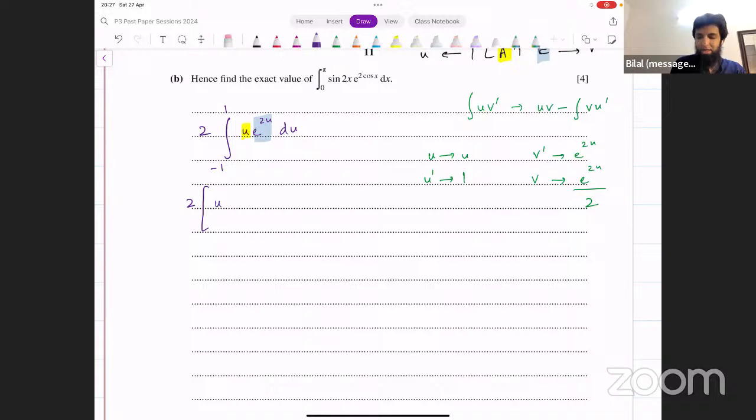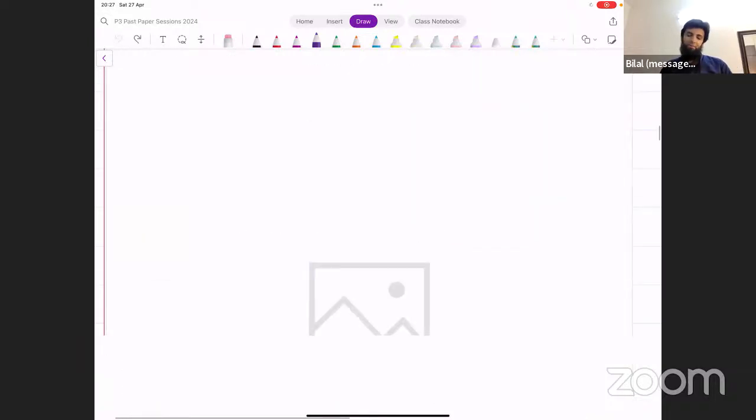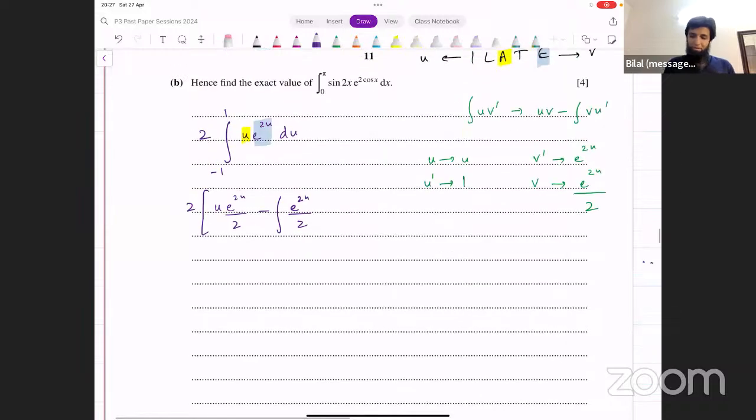That's u into v, which is e raised to power 2u divided by 2. Minus integration of vu dash, that means e power 2u over 2, multiplied by u dash, which is 1.